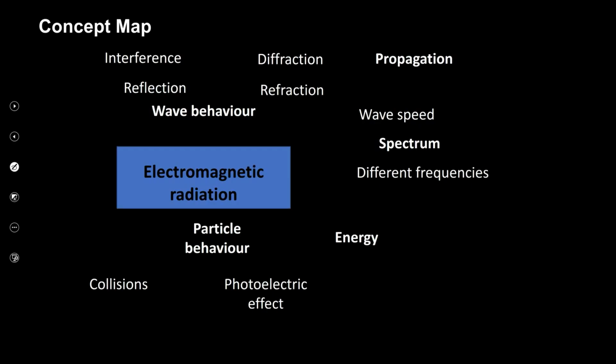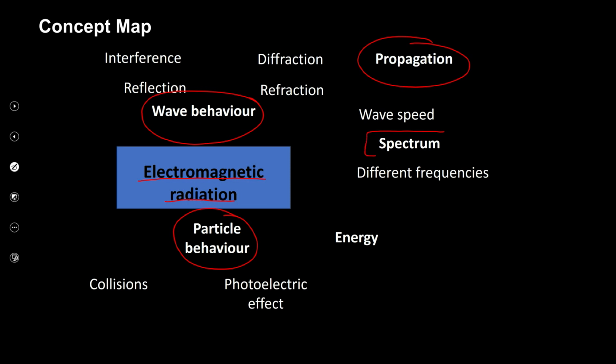So, we've already been looking at electromagnetic radiation. We've long since established that it has a particle and wave behavior, and we've examined this behavior in terms of its propagation through space and how electromagnetic radiation is made up of a spectrum of different frequency types of electromagnetic radiation that all travel at the same speed of light through a vacuum.